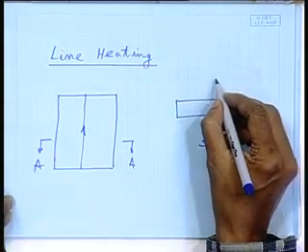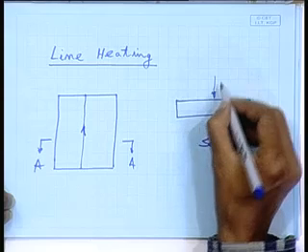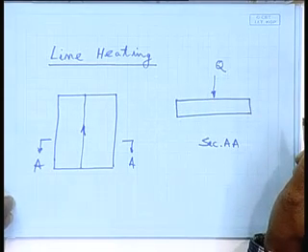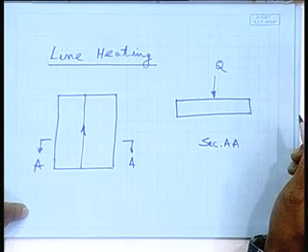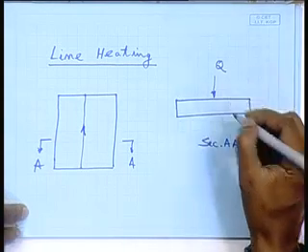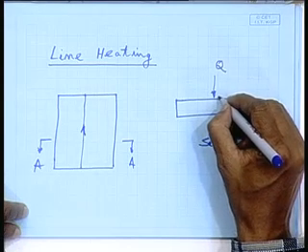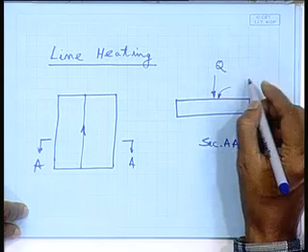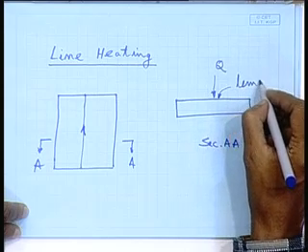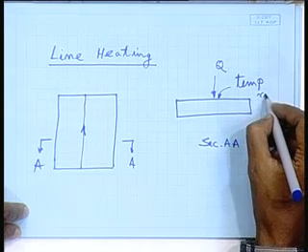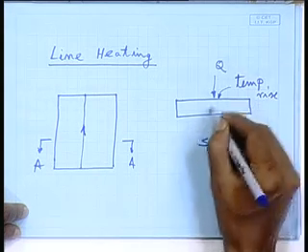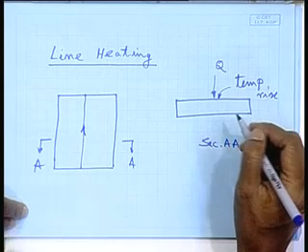So here I am putting in some heat Q. As I am putting in heat here, what will this result in? This will result in some temperature rise on the surface, and along the thickness there will be a temperature gradient.